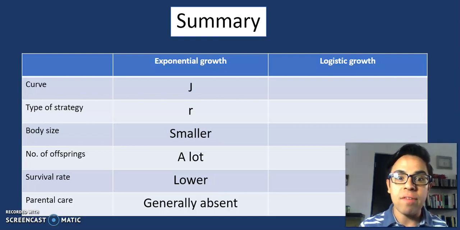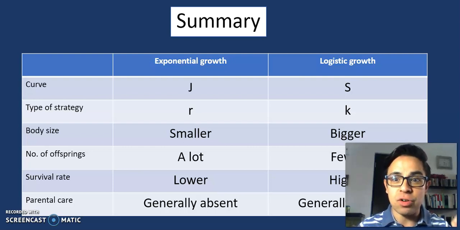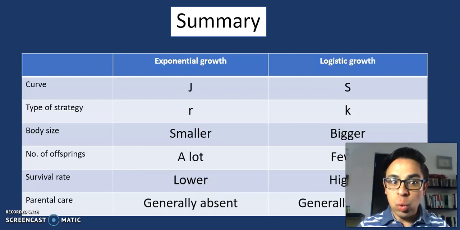They're going to have a lot of offspring with lower survival rates and generally no parental care. For the case of logistic growth, we will have the opposite. The curve will be an S curve with a K survival strategy, bigger organisms, fewer offspring with higher survival rate, and parental care.